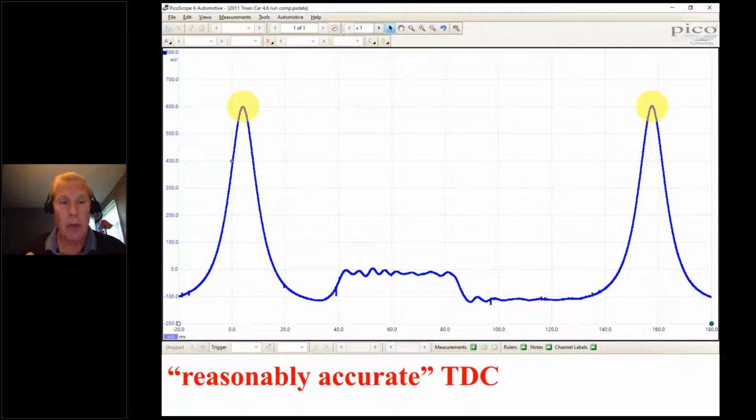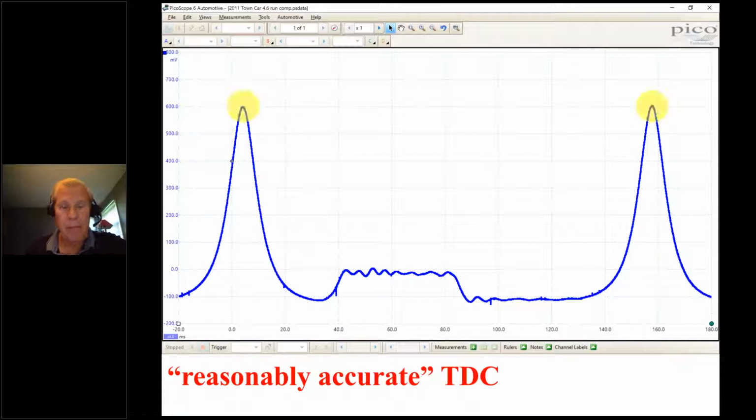It's reliable. A lot of diagnostics can be done based upon this, but it's important to note it's reasonably accurate. And I will tell you that if you were to compare this pattern to a crank sensor signal, and as you elevated the RPM up and down, that point would move a little bit. Not a lot, but it's measurable. So it's a reasonably accurate top dead center. So our analysis starts with that.